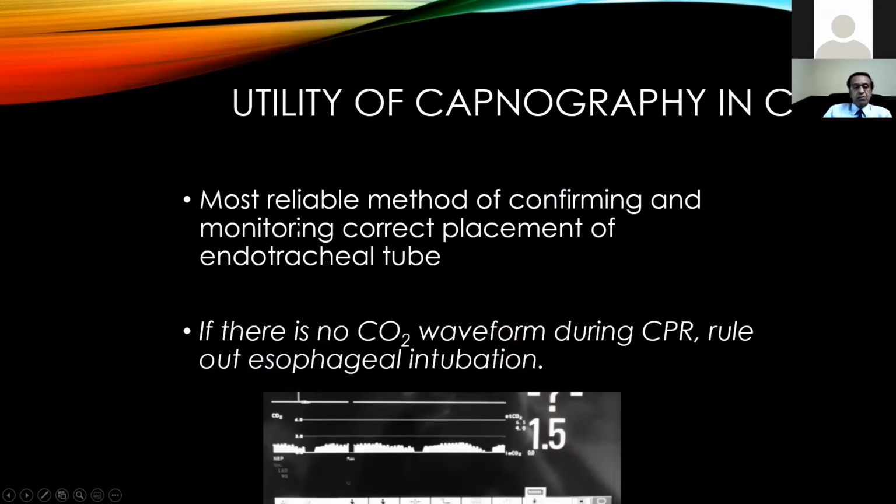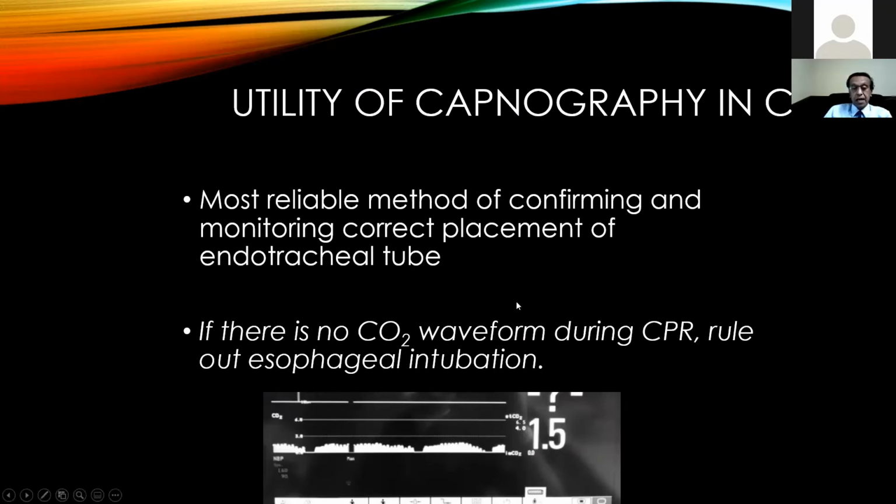Capnography has been demonstrated to be the most reliable method of confirming and monitoring correct placement of the endotracheal tube. If there is no CO2 waveform during CPR, we have to rule out an esophageal intubation, because chest compressions produce an adequate cardiac output that can produce CO2 blips on the capnograph waveform.